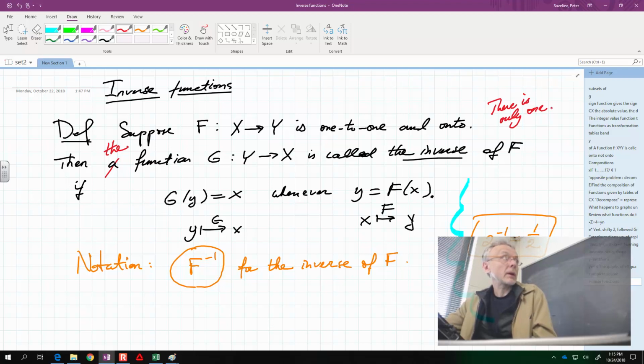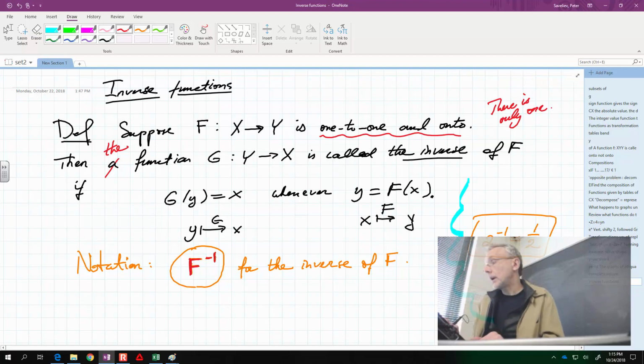Most of the time there is only one; you just have to demonstrate that. It is also possible that such a thing doesn't exist. Fortunately, since we assumed from the beginning that the function is one-to-one and onto, such a function does exist, defined in this manner, and this is its notation: f superscript -1, spoken as f inverse.